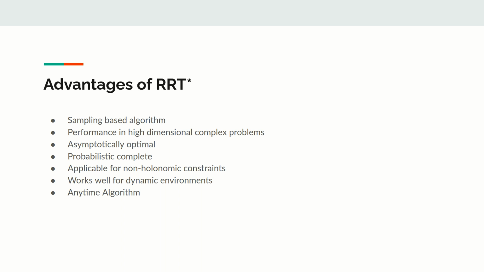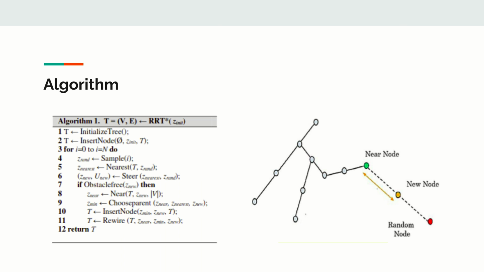Coming to the algorithm, this is the basic algorithm of RRT star. The tree is constructed incrementally from the samples drawn randomly from the search space. The sampling is inherently biased to grow towards the goal point. RRT star easily handles non-holonomic constraints. As the points are sampled, the nearest node in the tree is found.